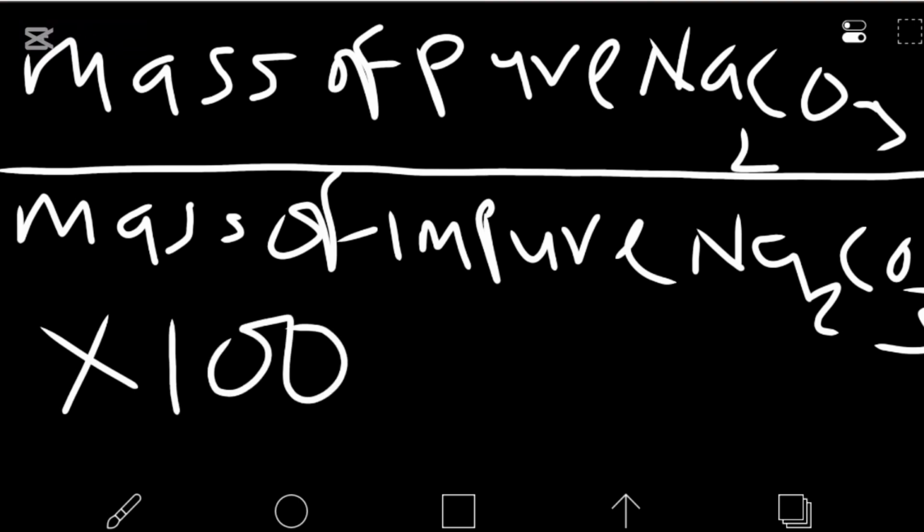In our question, we have the mass of impure sodium carbonate, and we calculated the pure mass of sodium carbonate.